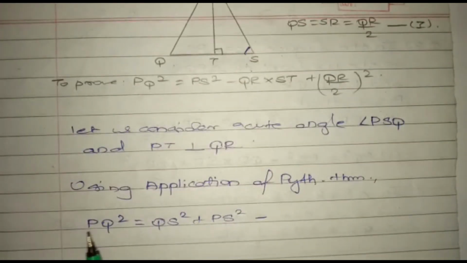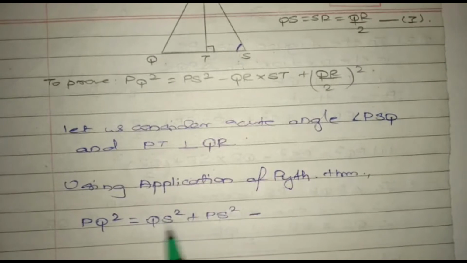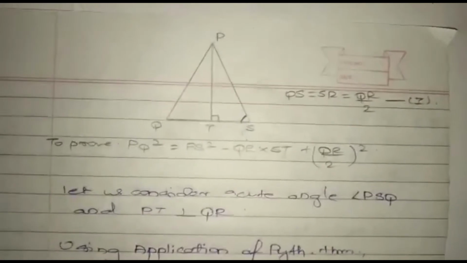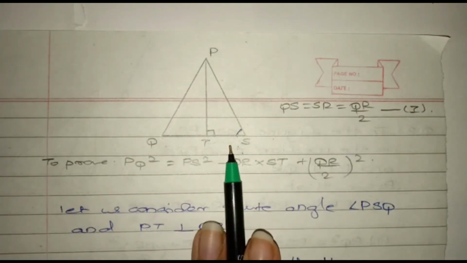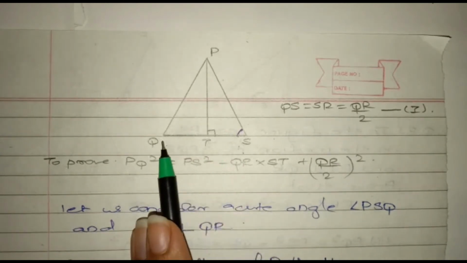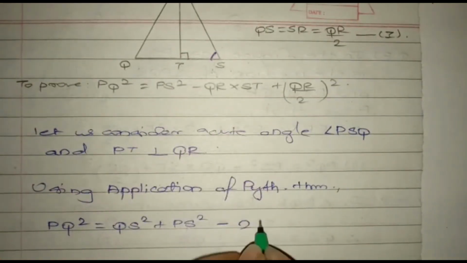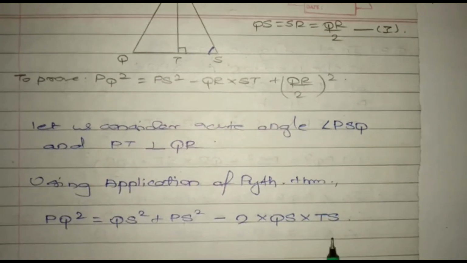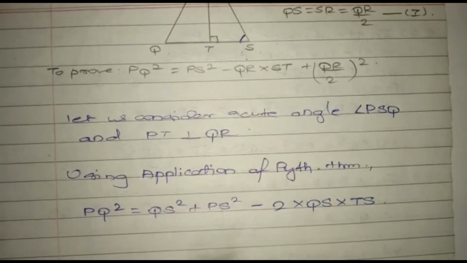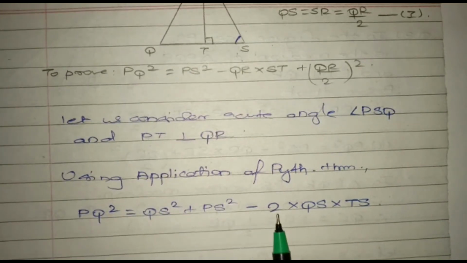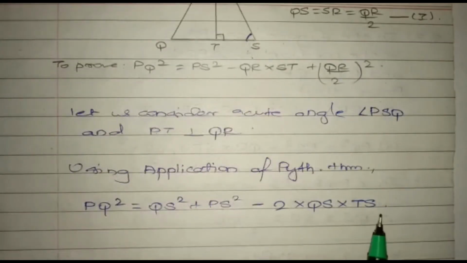So the side opposite to acute angle is this, and the remaining two sides are QS square plus PS square, and then minus of 2 into QS, that is the side which is perpendicular to the median, that is QS into TS. TS or ST, it is one and the same. So we got PQ square is equal to QS square plus PS square minus 2 into QS into TS.